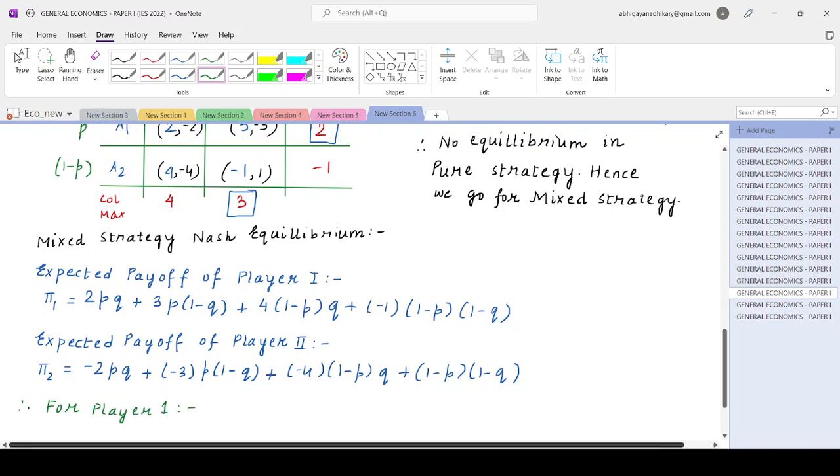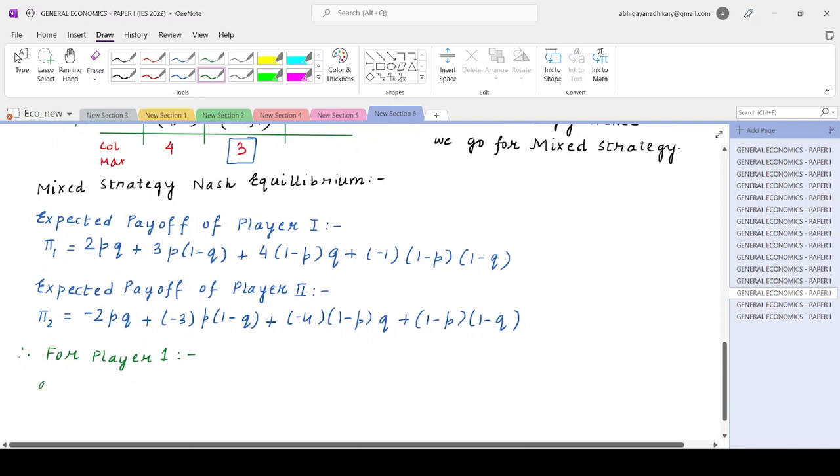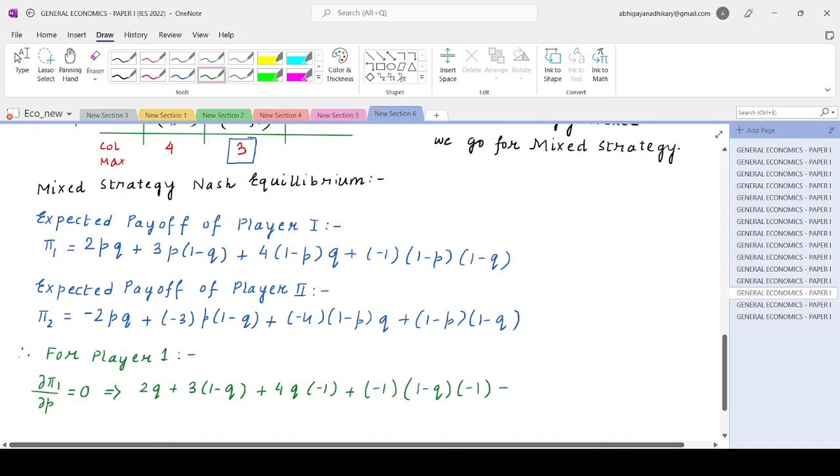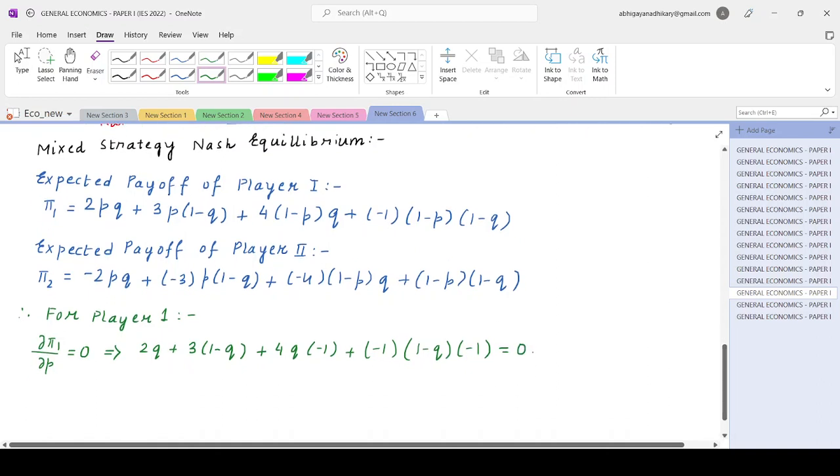Therefore, for player 1, del pi 1 del p is equal to, and set it equal to 0. So that will be 2 times q plus 3 times 1 minus q plus 4 into q times minus 1 plus minus 1 times 1 minus q times minus 1, and set it equal to 0.